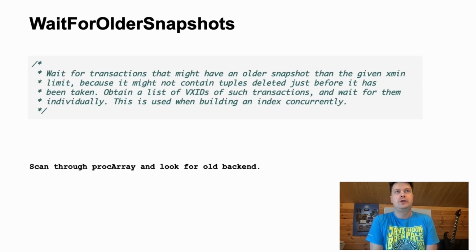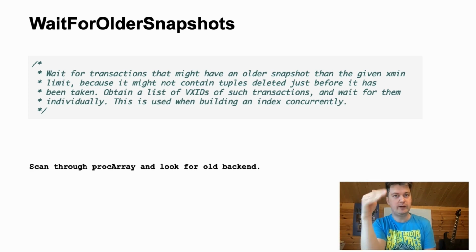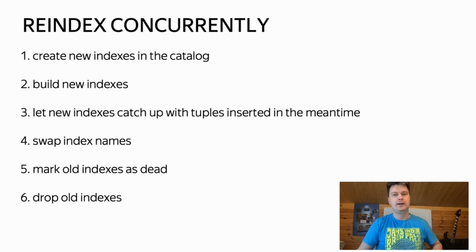Waiting for snapshots is a very similar operation. We go through the proc array and wait for each transaction that might see tuples that we consider garbage, and wait for completion of each backend that can see too old tuple versions for our new index.